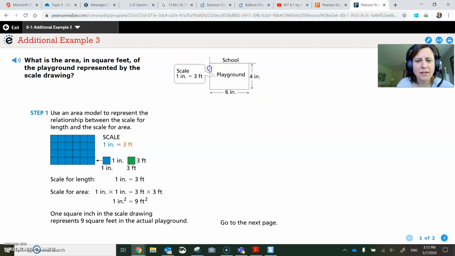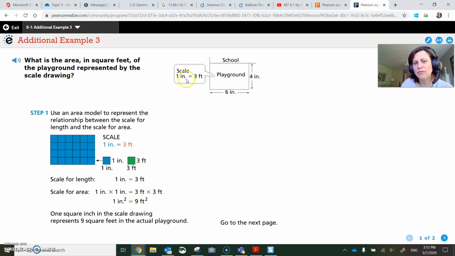So the scale is 1 inch is equal to 3 feet, but we're asking about area here. And so even though the scale is 1 inch is equal to 3 feet, when you look at it like it's an area model, if 1 inch is really 3 feet, then for area, a 1 by 1 square would be a 3 by 3 in real life, and 3 by 3 in real life is 9 feet.